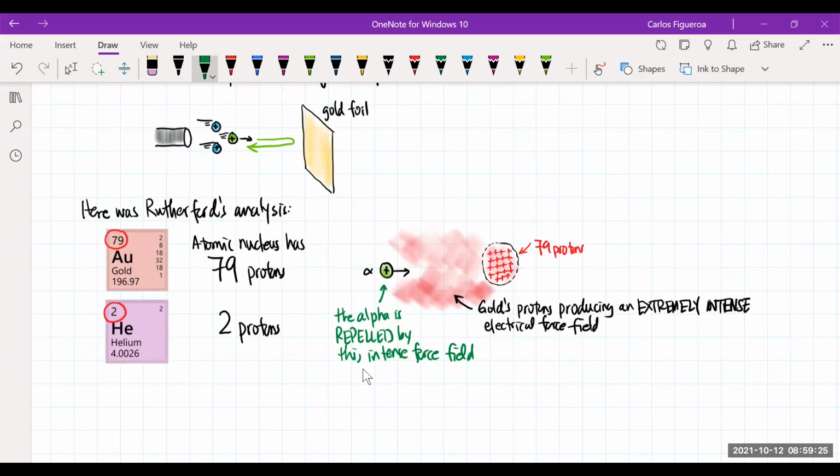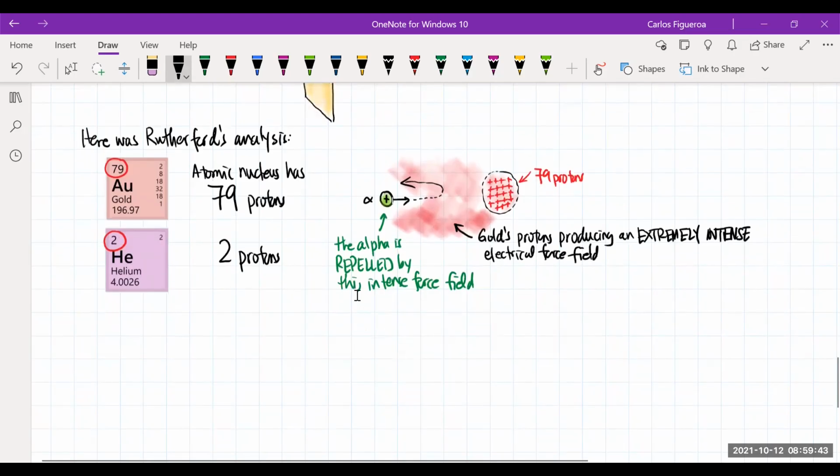That's why when it comes in, it never gets even close to the nucleus, because it's getting repelled. So around the nucleus is this huge field.